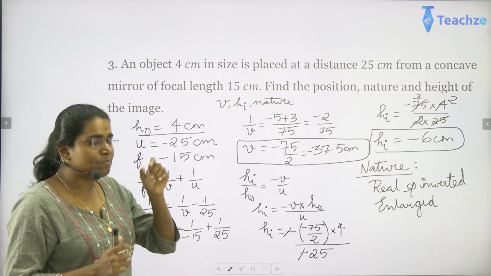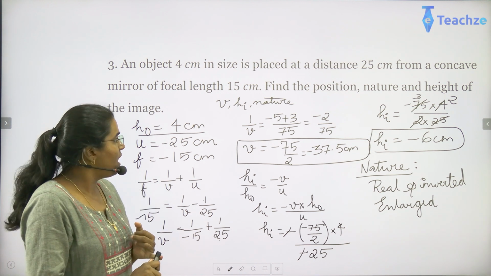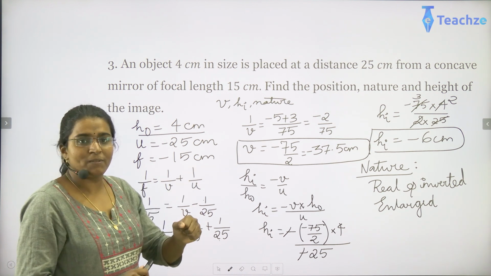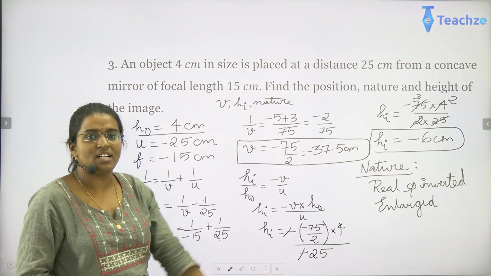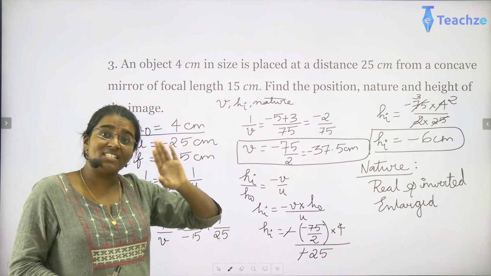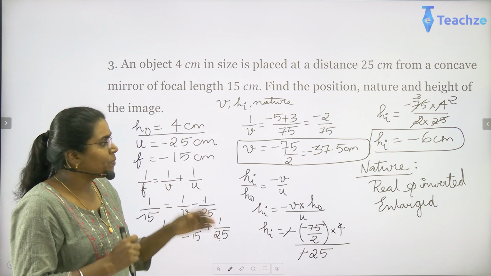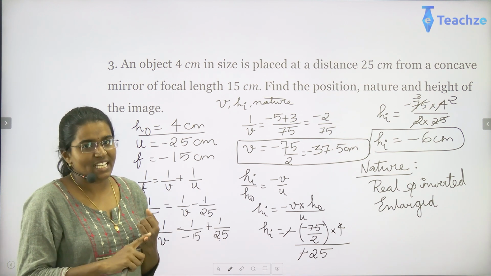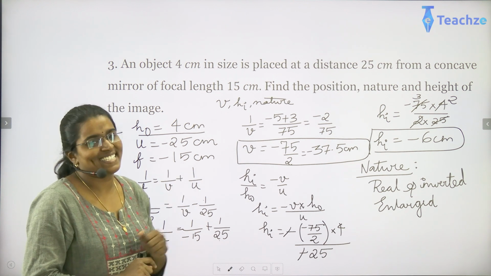So the object is placed between C and F, and the image formed is beyond C, because your center of curvature is at minus 30 centimeter, and your image is formed at minus 37.5 centimeter, which is beyond C, right? So the object is placed between C and F, and the image we have got is beyond C.